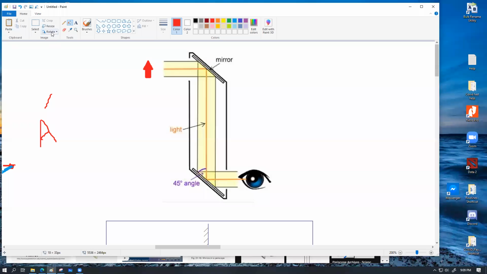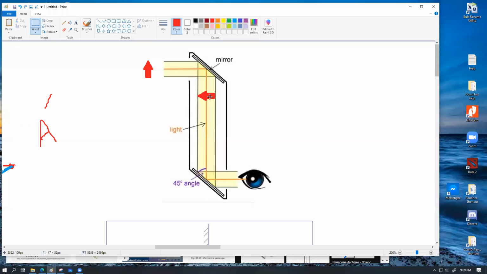When this thing is reflected by the first mirror, it is gonna get reflected in this orientation. Have a look.